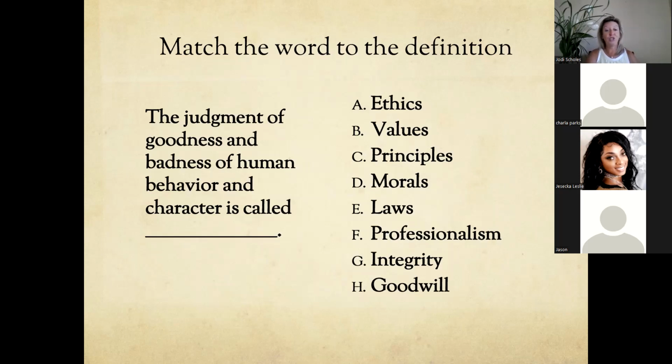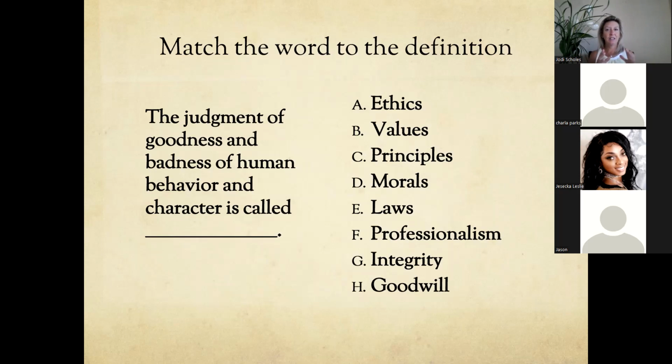All right, the judgment of goodness and badness of human behavior and character is called, not goodwill, not laws, not professionalism. So the judgment of good and bad, that's the key here. And I think that's going to be the key when you are seeing this on the MBLEX.